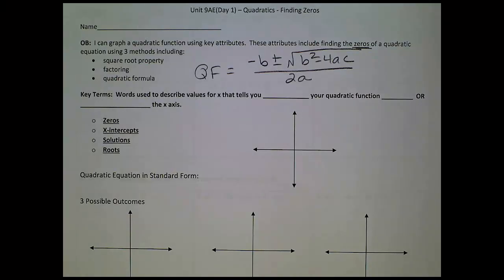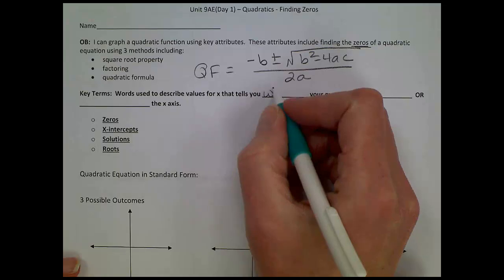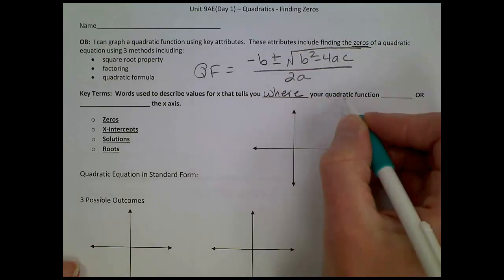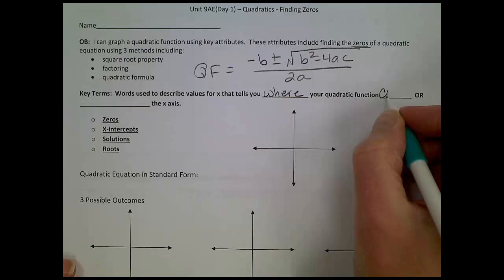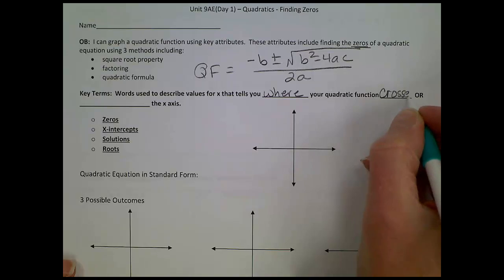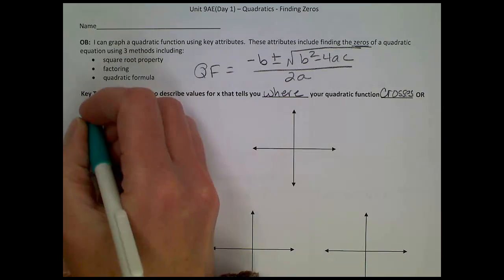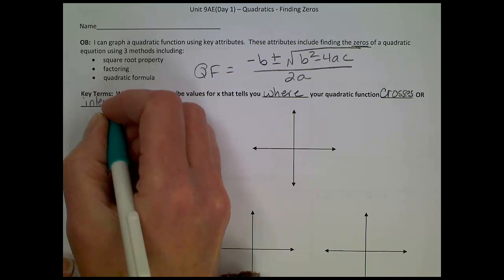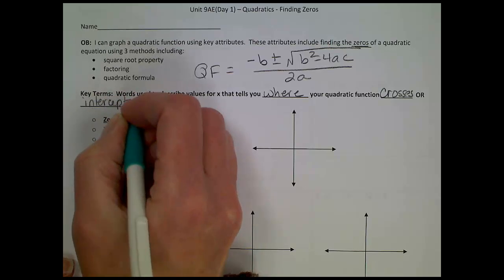Okay, key terms: words used to describe values for x that tell you where your quadratic function crosses, or intercepts, fancy word, intercepts the x-axis.